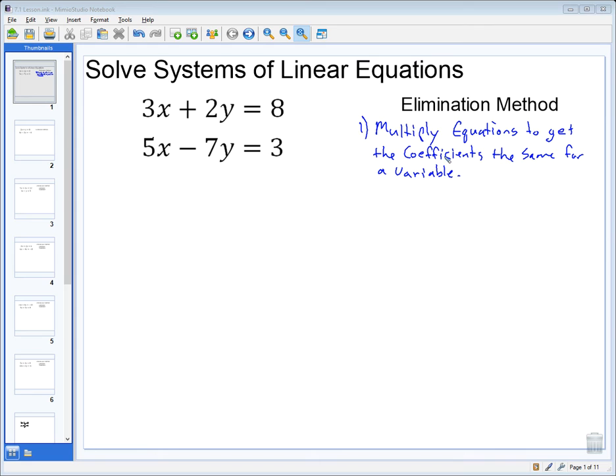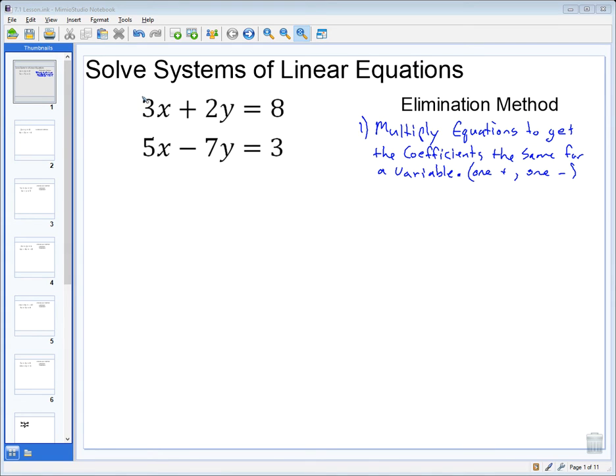Now as I do this, I want to try to make sure that one of them is positive and one negative. So I'm just going to write one with a plus and one with a minus.